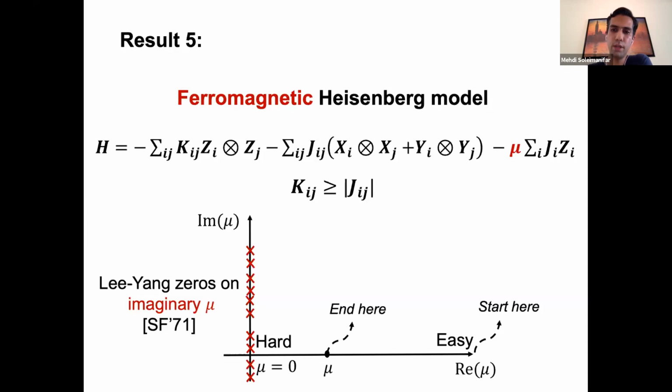So now that we know the location of complex zeros of the classical spin system, we can go back to the quantum one and directly Taylor expand the quantum partition function. You can show that for this specific Hamiltonian, the partition function is a polynomial in terms of e to the mu. And you basically start from a large value of mu, where finding the derivatives can be done in quasi-polynomial time, and then extrapolate to some constant but non-zero value of mu.